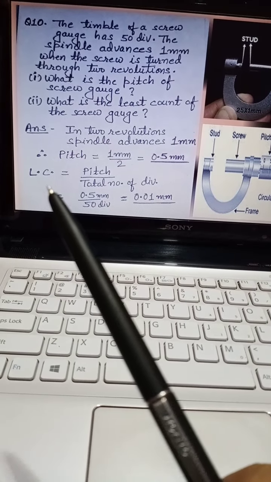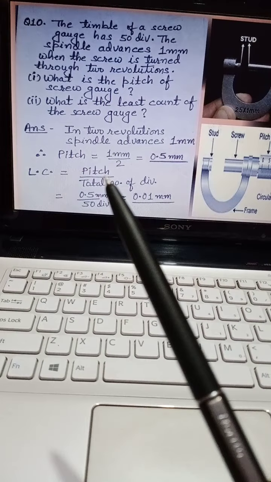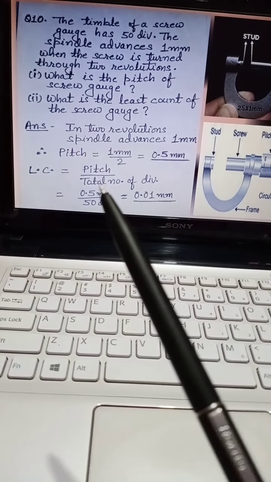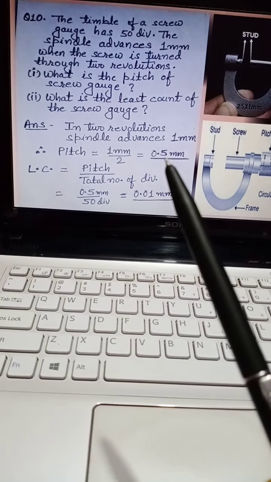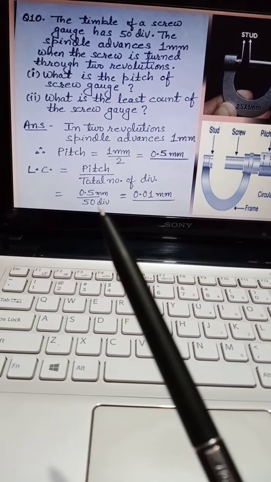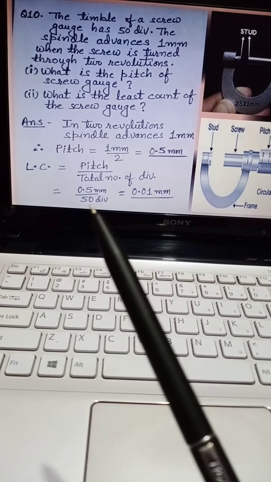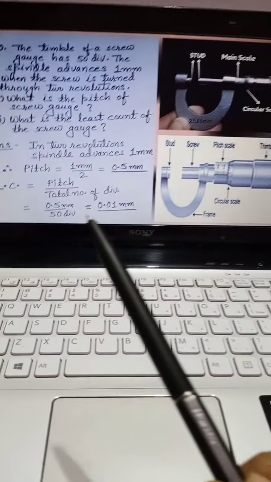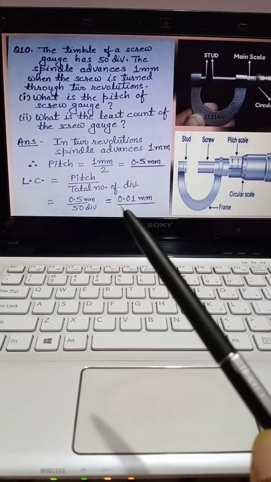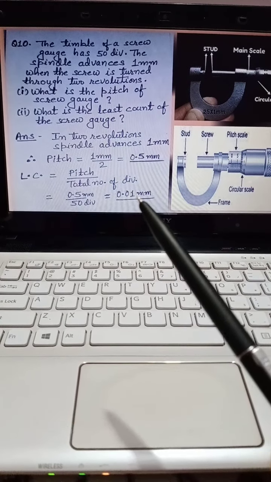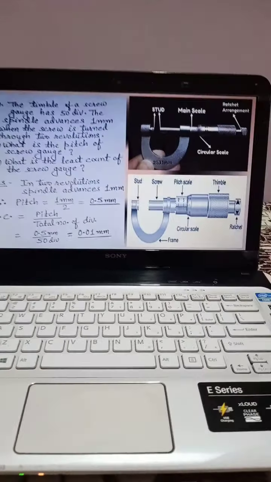Then to find the least count, we use the formula pitch divided by total number of divisions. The pitch is 0.5 mm and the total number of divisions is 50. So we get the answer 0.01 mm as the least count for this question.